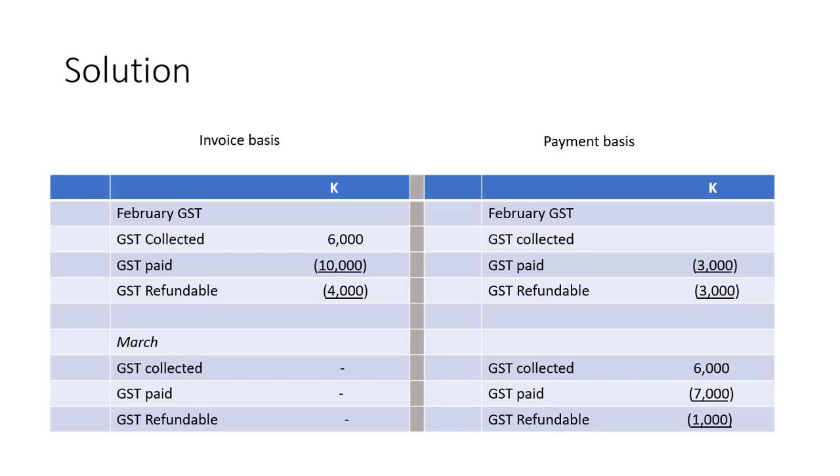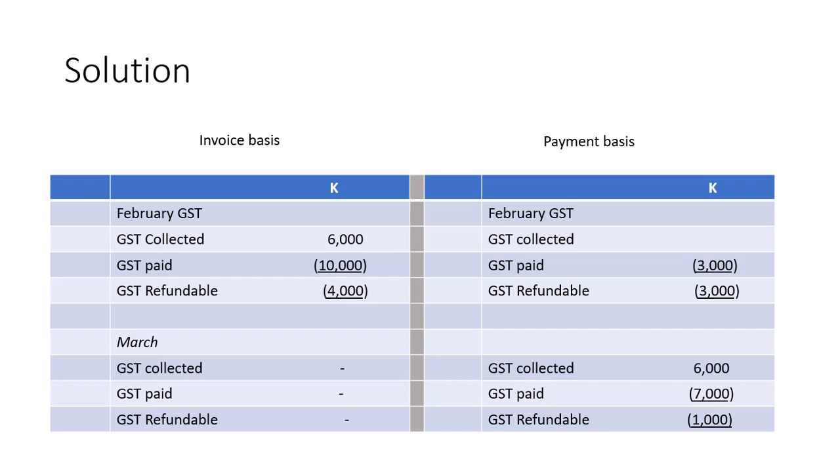In March, under the invoice basis, we don't have GST collected and GST paid in this transaction because all those had been recognized in February. But on the payment basis, we have GST collected. This is the time that we recognize the GST collected because we record the sales when we collect the money, unlike in the invoice basis where we are using accrual, wherein we record the sales when it happens.